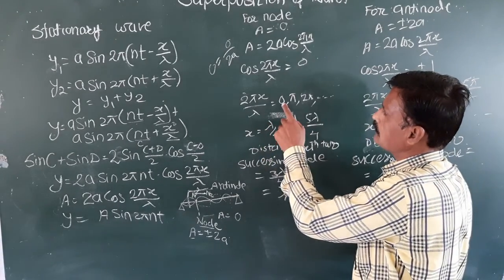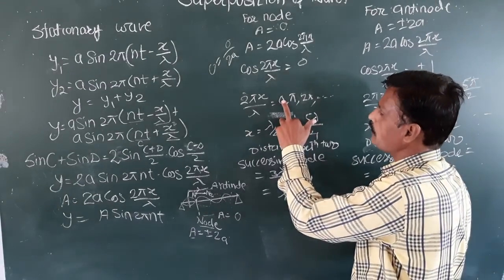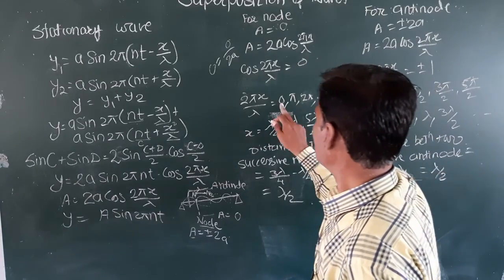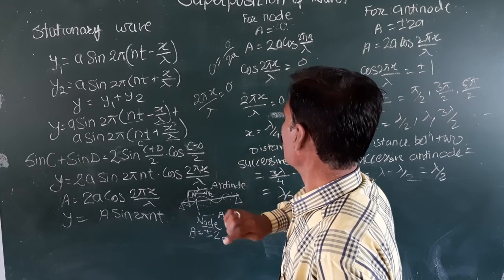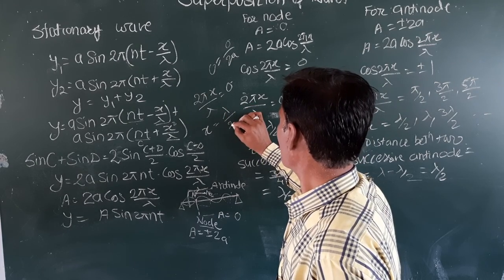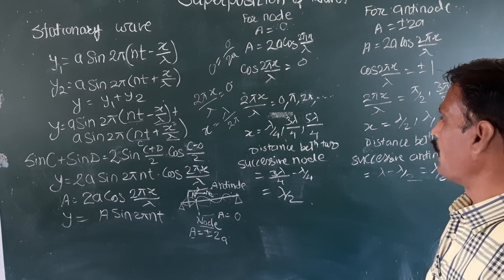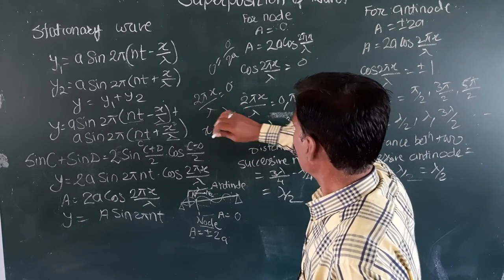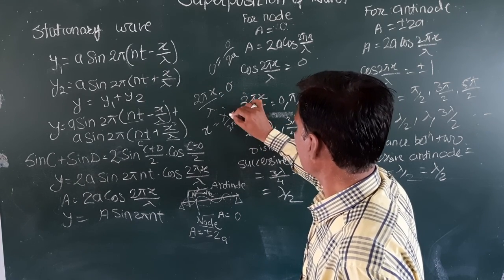If we put 2 pi x upon lambda equal to 0, then x is equal to lambda upon twice pi into 0.